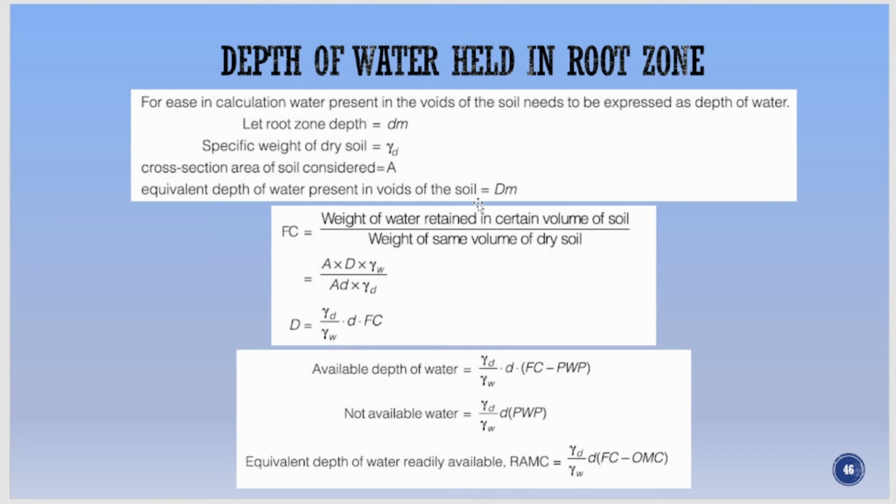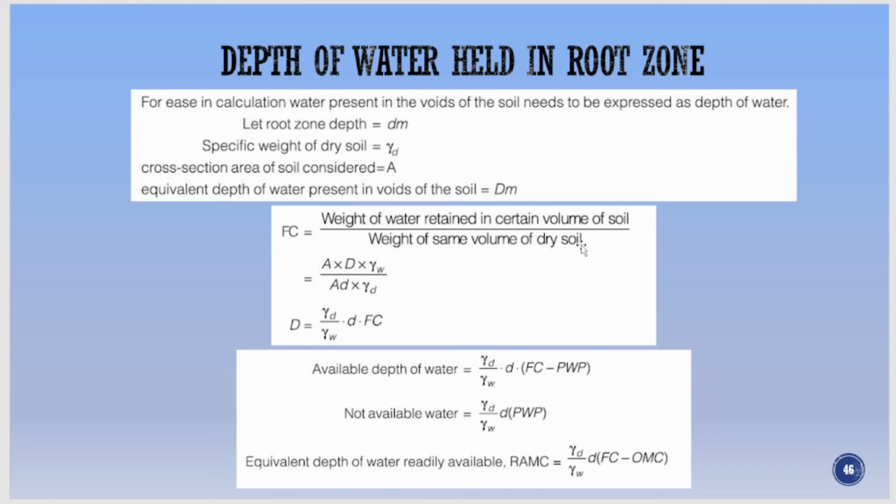So if you want to calculate how much is field capacity, I'll call it the water content itself. How do you determine the water content in your lab? It is the weight of water retained in a certain volume of soil, divided by the weight of dry soil. The same experiment you do in your laboratory: first you take the weight of the soil sample when it is filled with moisture.